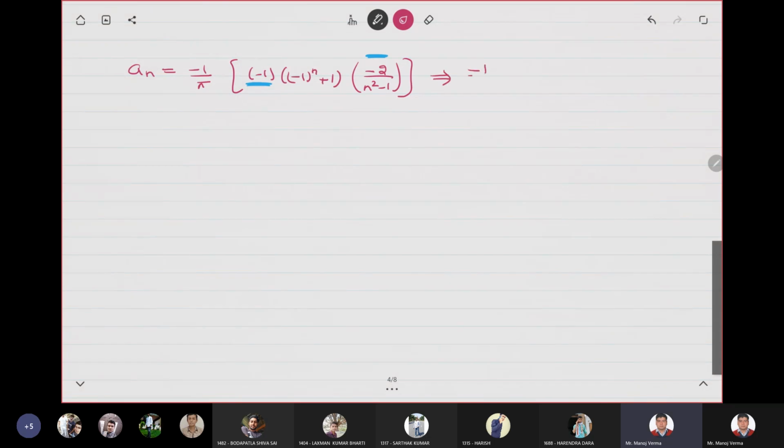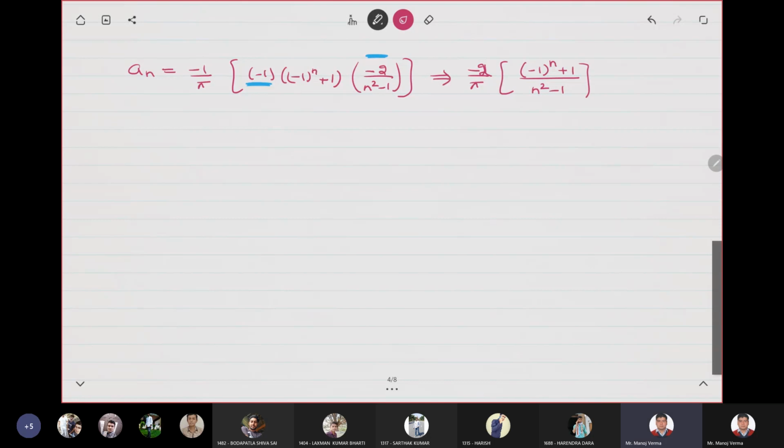So it will become minus 1 over pi. I am taking 2 outside, and in this it will become minus 1 raised to the power n plus 1 divided by n square minus 1. I have just adjusted the two negative inside, and I have taken out the common of 2.